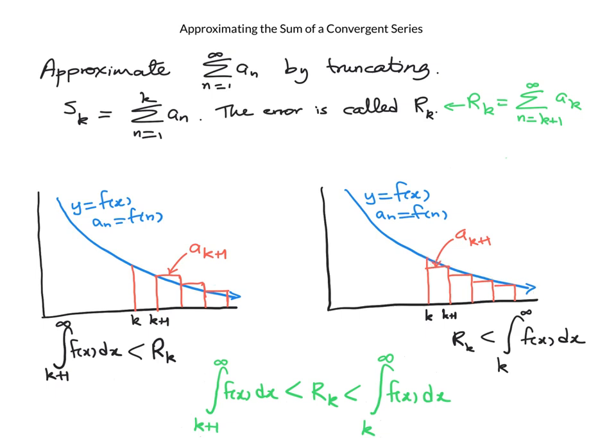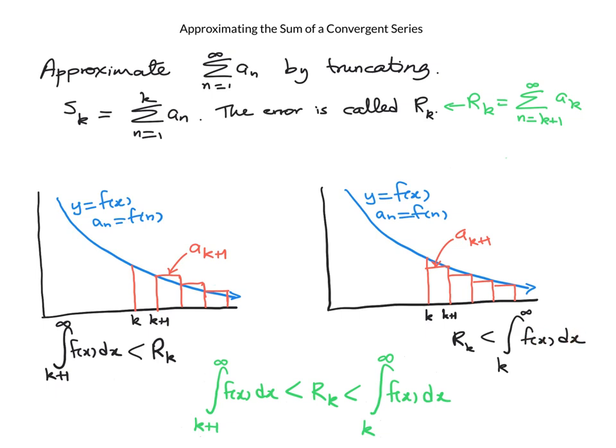However, that integral, because I drew it to the left, starts at x equals k, because the a sub k plus 1 rectangle was drawn to the left so that it bordered at x equals k. So the area underneath these rectangles, which is the error, is less than the area underneath the curve, the integral starting at k. So R sub k is less than the integral from k to infinity of f of x dx.